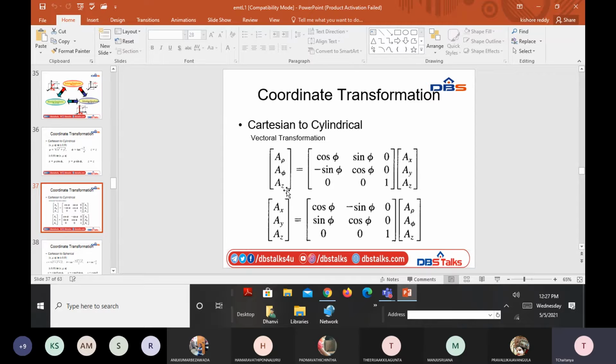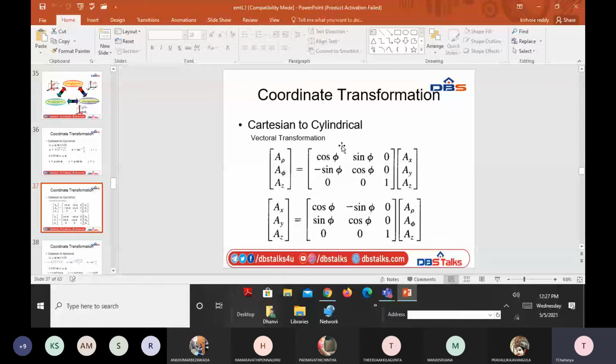We can have a matrix representation to achieve the value of a rho, a phi, and az. If you take the product of these two, you will get the vector along a rho, a phi, and az.